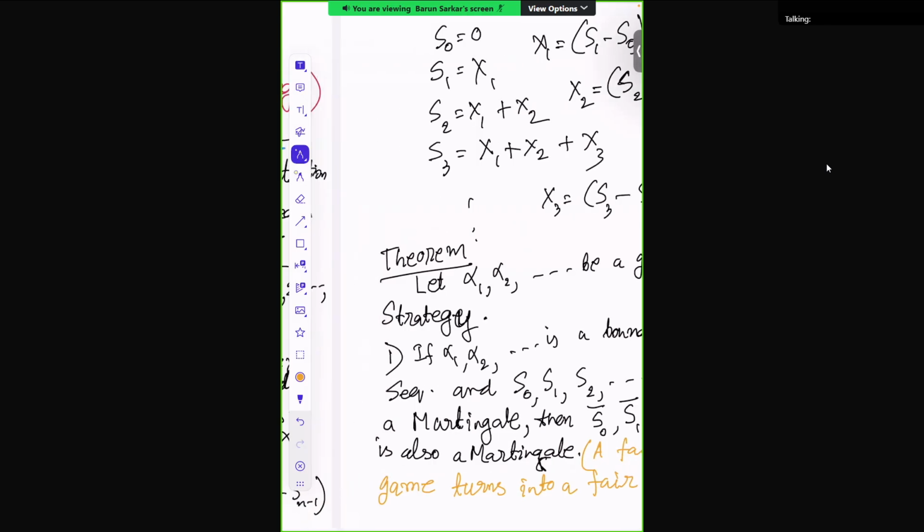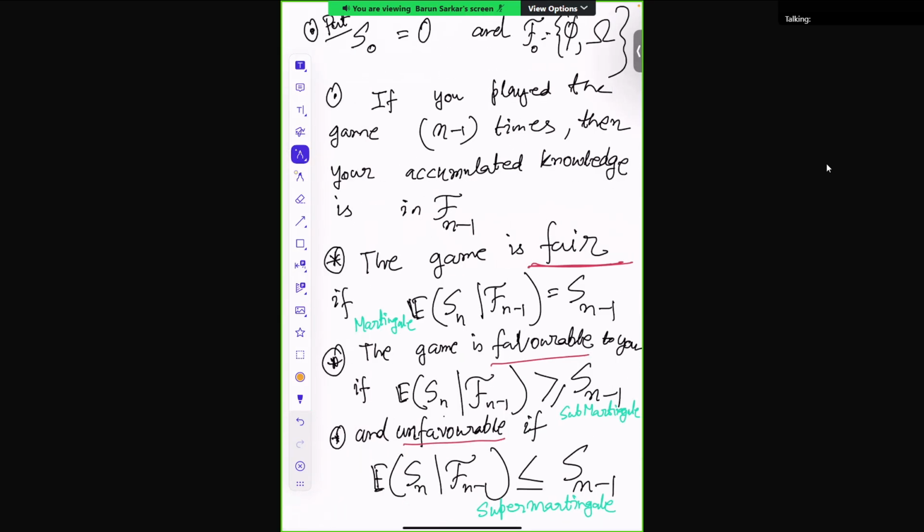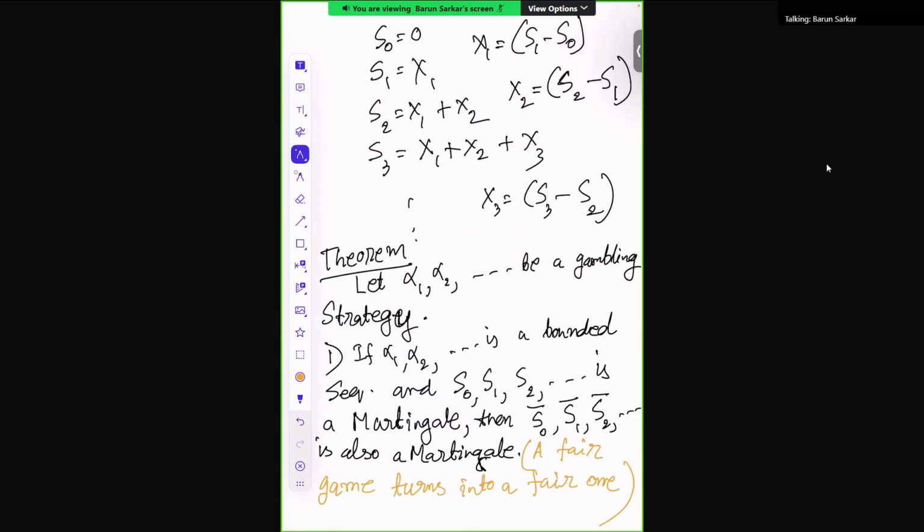When we define the things, we have defined it like this: the game is fair if it's a martingale, the game is favorable if it is a submartingale, and unfavorable if it is a supermartingale. So suppose it is given a fair game, that means S1, S2, ... is a martingale, and then S0 bar, S1 bar, S2 bar, ... is also a martingale.